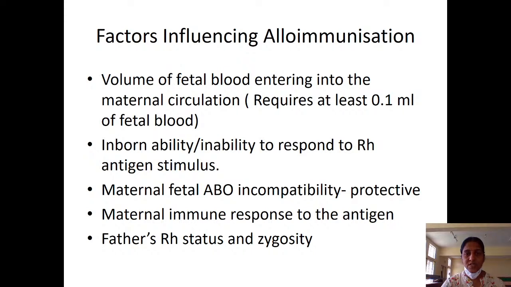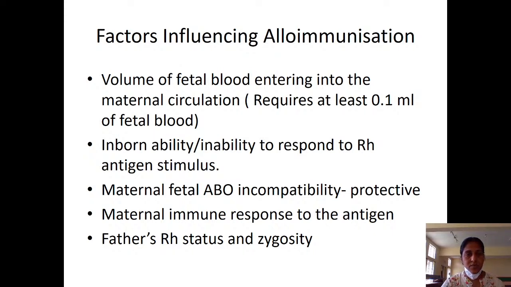What are the factors influencing alloimmunization? Not 100% of Rh negative women exposed to Rh positive blood cells produce the antibody; only about 16% of them do. Why is that? Because it depends on certain factors.